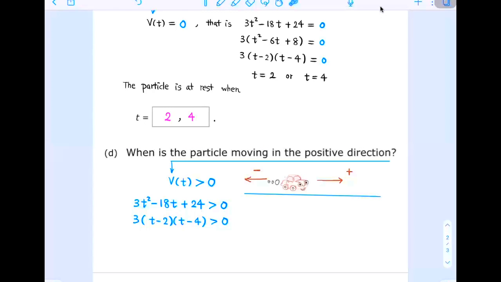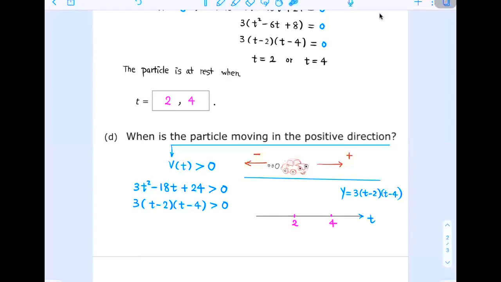That is, when 3t squared minus 18t plus 24 is greater than 0, and factoring this, we get 3 times t minus 2 times t minus 4 is greater than 0. We know that this expression is equal to 0 when t equals 2 or t equals 4.